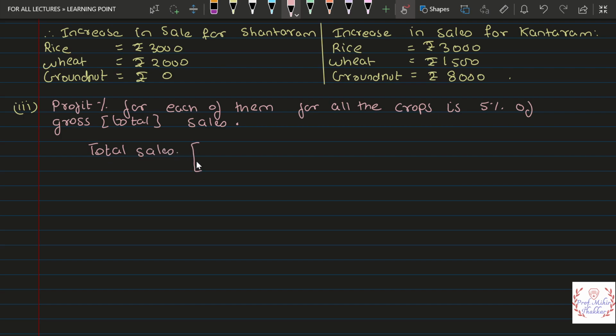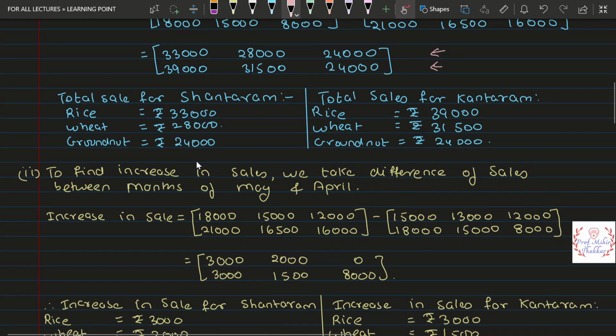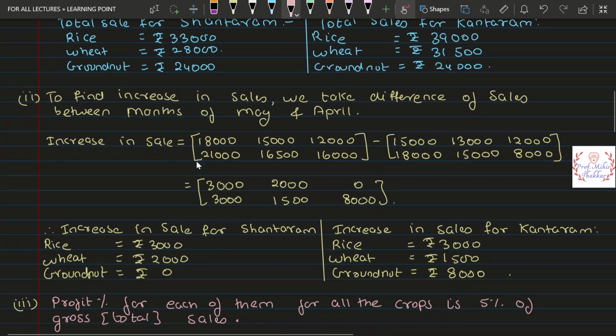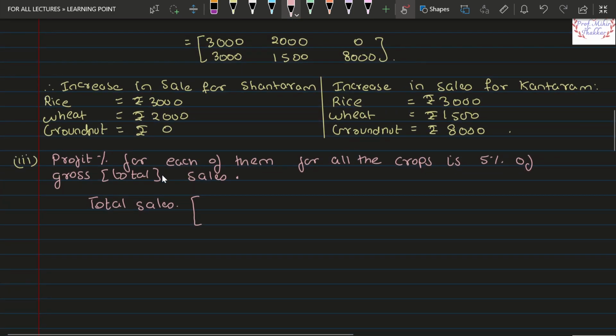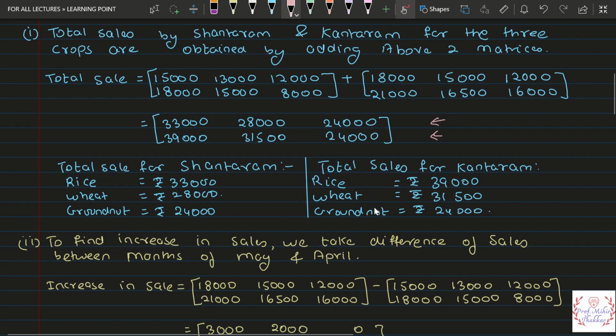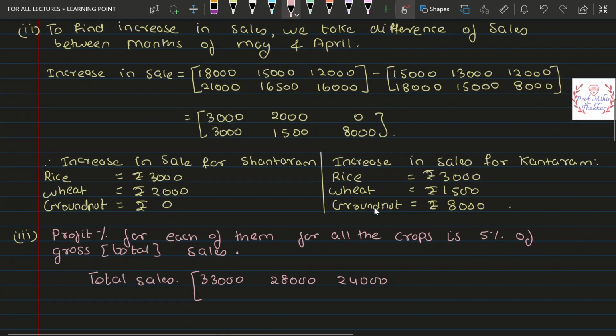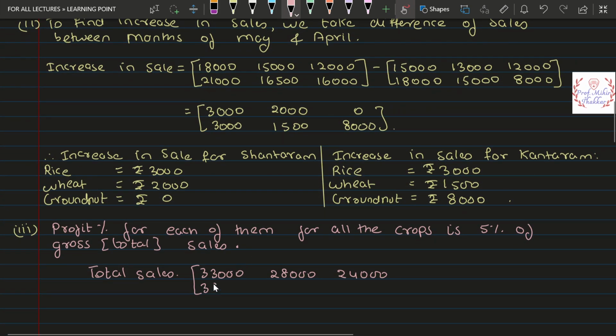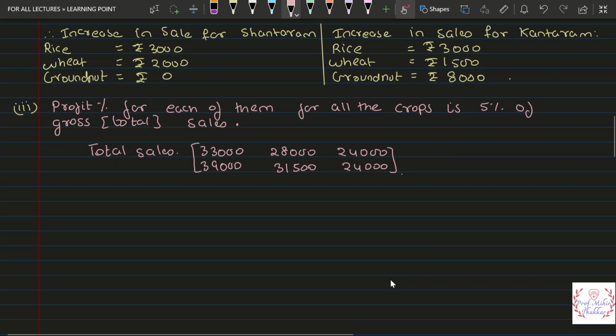Let us copy it down from the first part. The first row was 33,000, 28,000 and 24,000. And the second row elements were 39,000, 31,500 and 24,000.